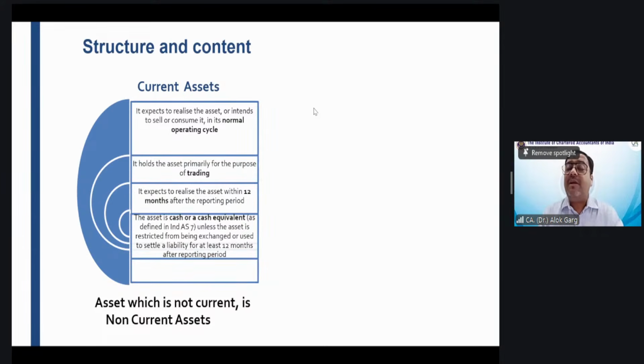But if you are auditing companies like Tata, Bharti Airtel, Indus Towers, they get their financial statements audited on a quarterly basis. In that case, they prepare interim audited financial statements. Even in interim audited financial statements, this general feature of the financial statement is required to be followed.